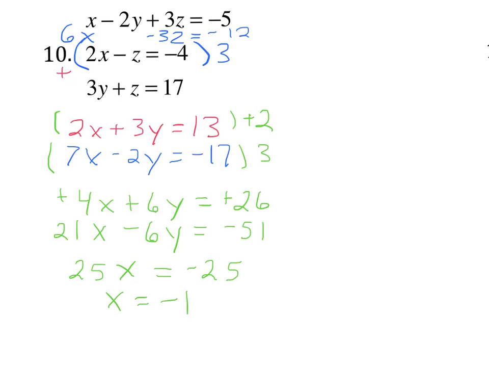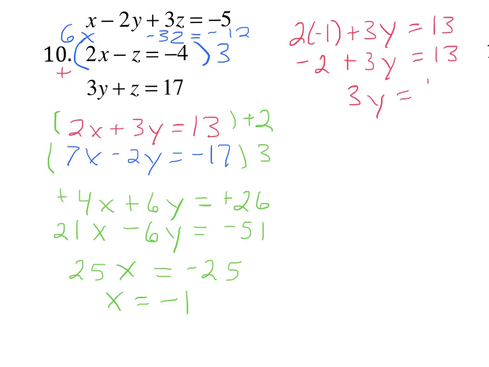So now to find another variable, we could take the negative 1 and plug it back in. So I'm going to plug it back into 2x plus 3y equals 13. So 2 times negative 1 plus 3y equals 13. So negative 2 plus 3y equals 13. So 3y equals 15. So y will equal 5. And then we just need to take both values and plug them back in to find z.